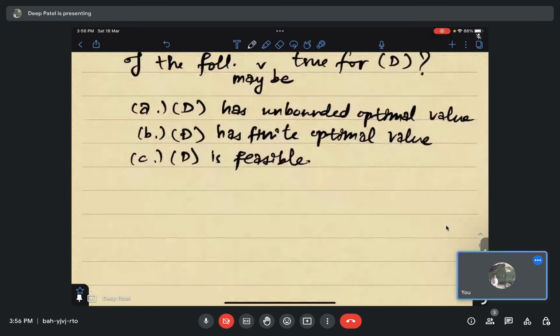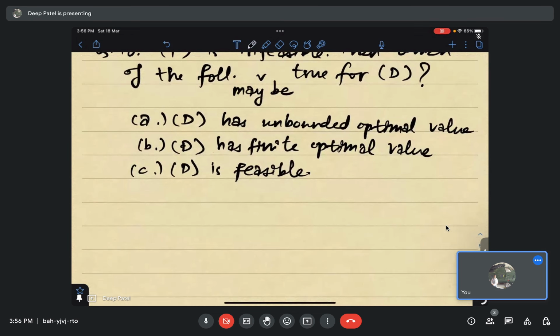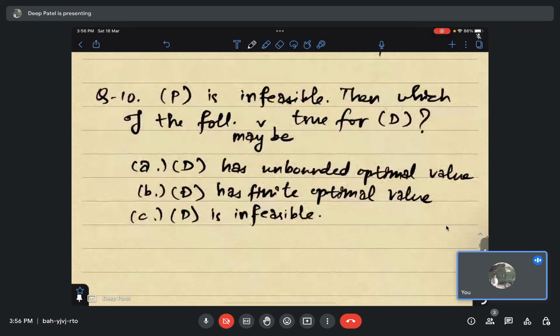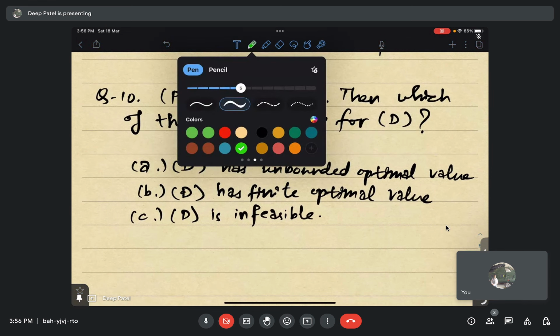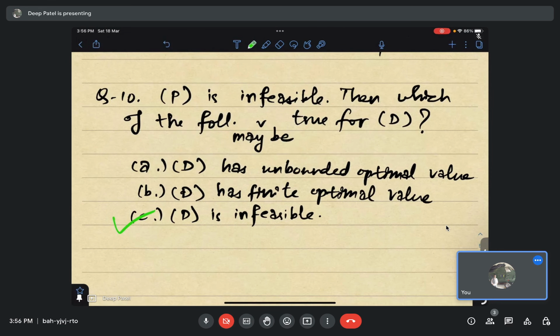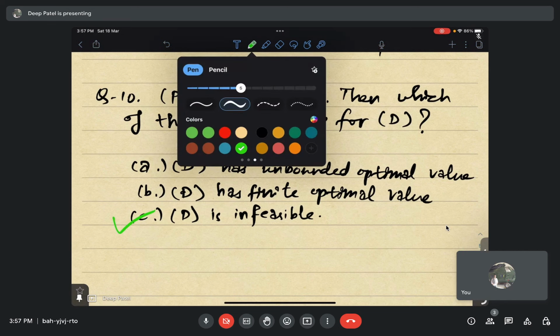So what can we say? Right off the bat, we could say that the dual is infeasible. That is definitely true. Sorry, I meant to write infeasible, not feasible. That's one possibility. Can it have a finite optimal value? No, that is not possible by strong duality.